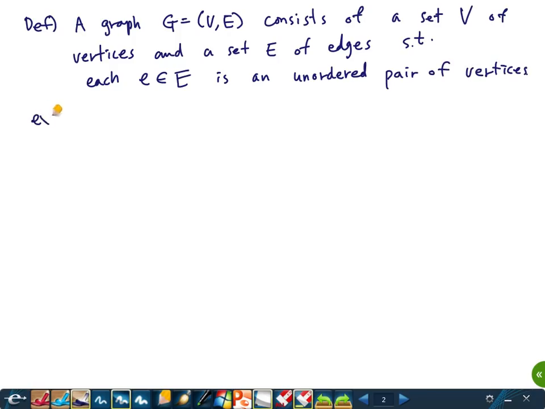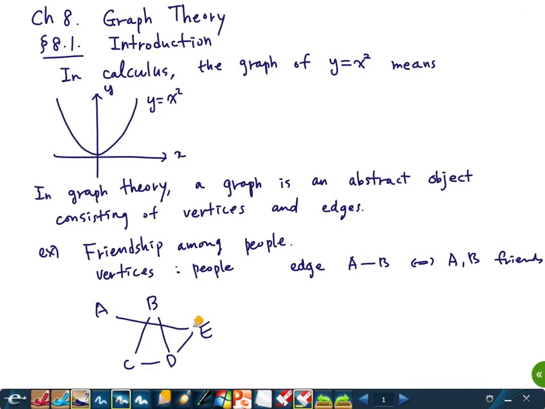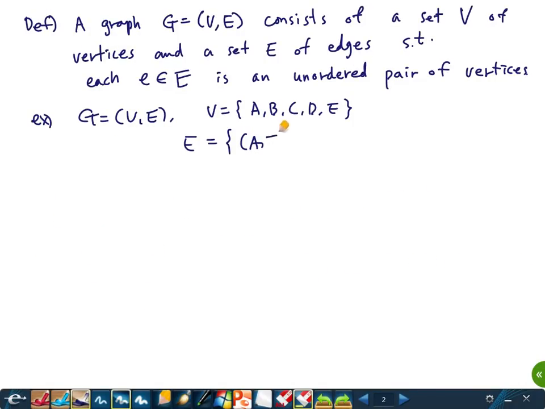Like, for example, if G is V comma E, and I'm using the previous example that I drew. We have A, B, C, D, E, 5 vertices, and an edge is, like here, A and E, they form an edge, so we have a pair AE. And let me just write them down. CD, DE, BD.